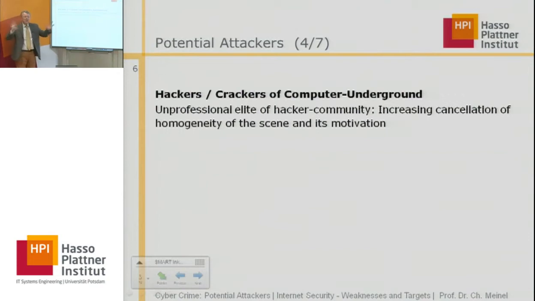The philosophy behind it was that communication is a democratic human right, and everyone should do this for free. It's a little bit naive, an ideological idea, without thinking that the telephone company has to pay for the system. From this the computer underground was developing, but meanwhile it is very heterogeneous, with very different goals and aims, and it's more and more differentiating.